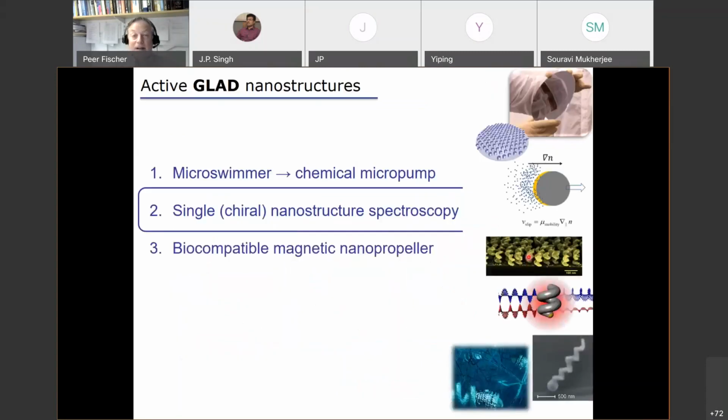And with this, I'm already at the end of a first example story, the chemical micropump that was enabled by shadow growth and oblique angle deposition.